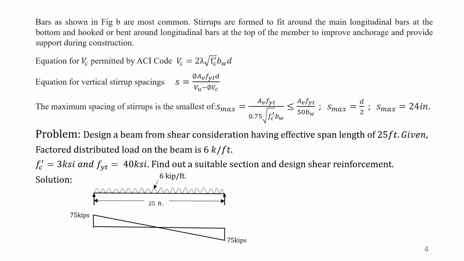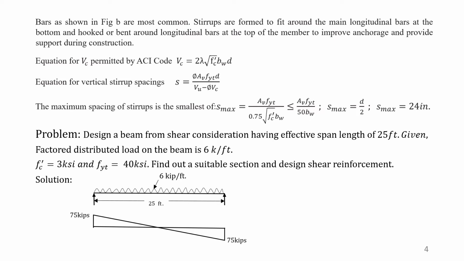If we decide on a section in designing the beam from shear consideration, the beam section can take care of a certain amount of shear that is given by the ACI code equation. Vc is equal to 2 lambda root over f prime c times bw times d.